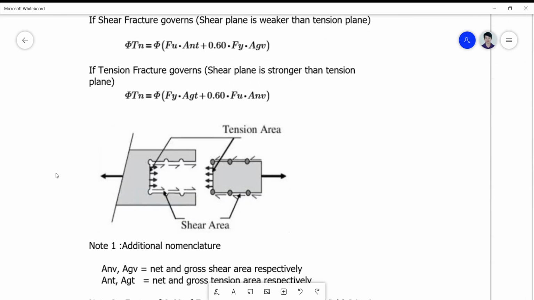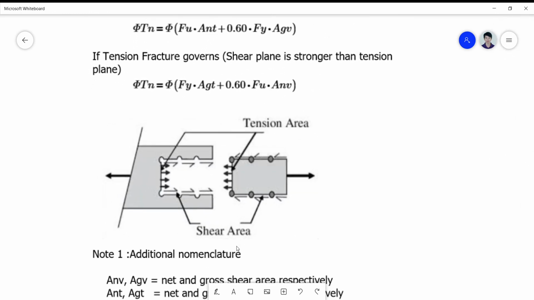Okay, so the tension fracture is actually described in the area. So we're talking now here of this width or area, this part here, which is perpendicular to the tensile force. Okay, so this is perpendicular, this is the tensile direction.